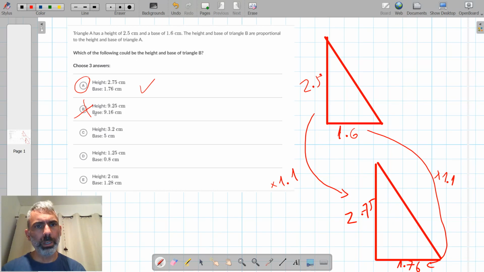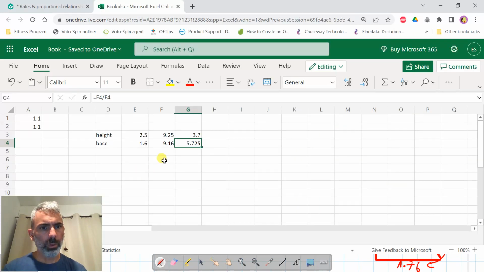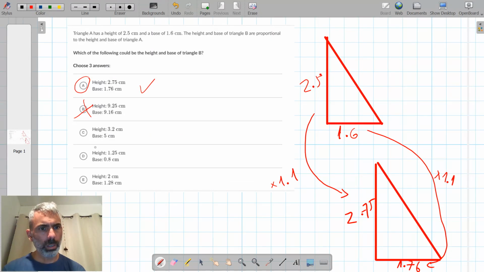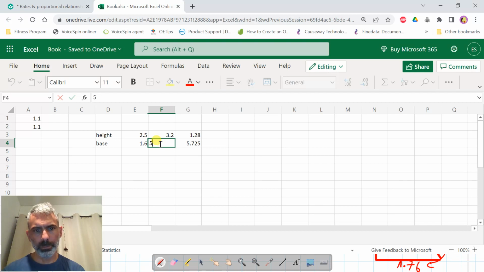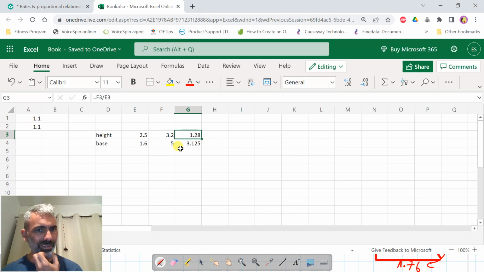Okay, so option B cannot be triangle B. Option C. We have a height of 3.2 and the base of 5. Okay, and we see here that they are not increasing by the same scale factor.